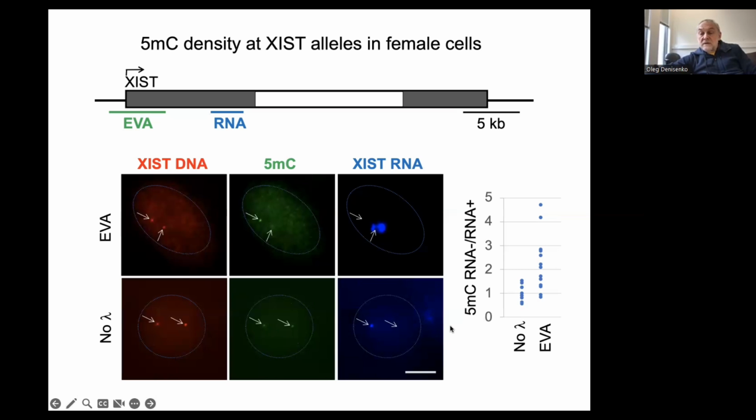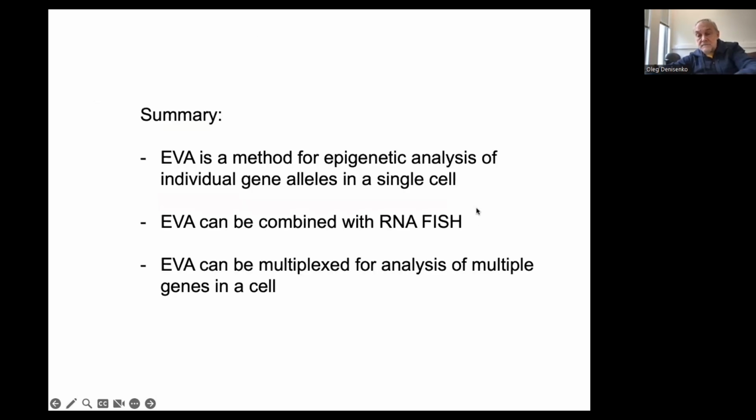And when we quantitated green and red signals in these cells, the results are shown in the graph. You can see that the 5-mC signal at the RNA negative alleles is always higher than at the RNA positive alleles.